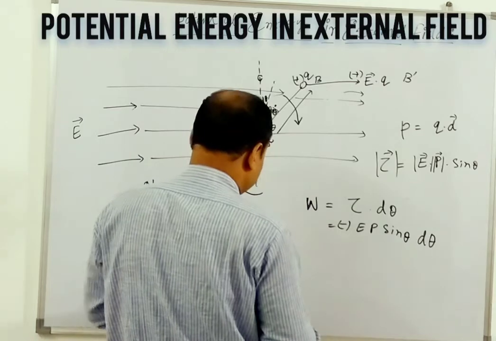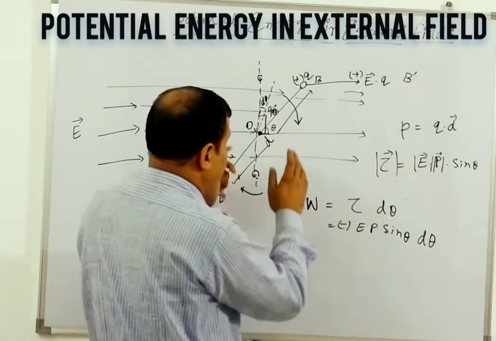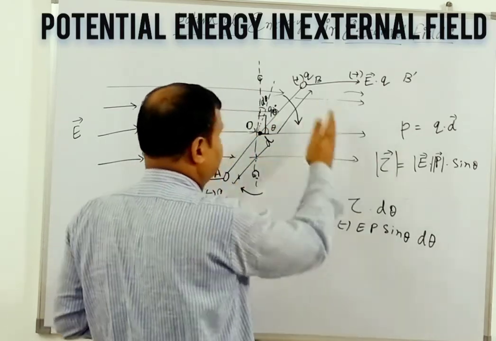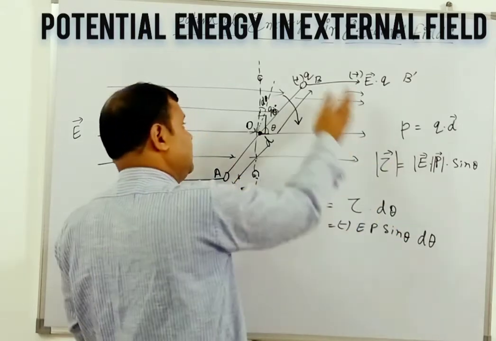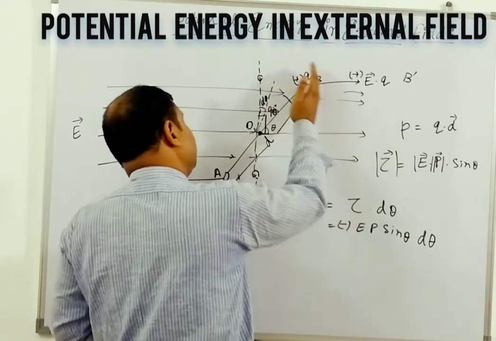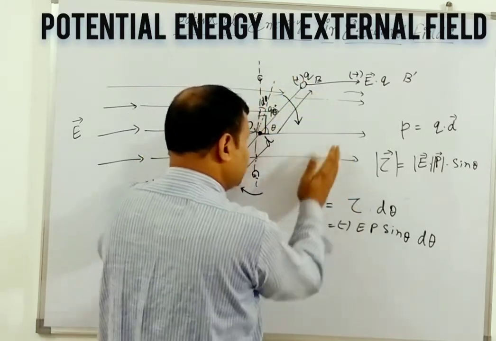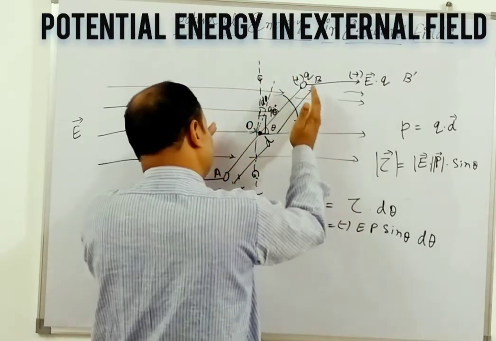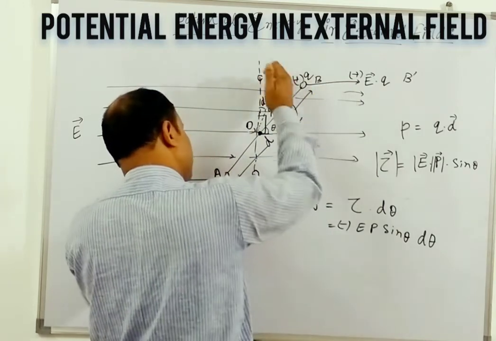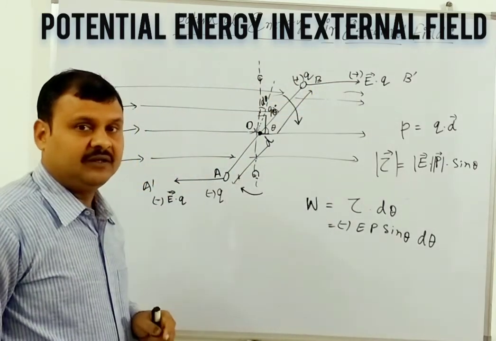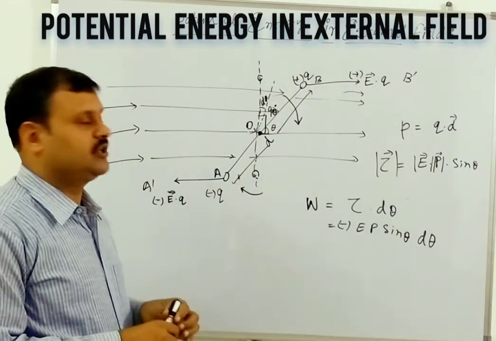Now to balance this torque, we need some external work. Tau is moving the dipole this way, and we want to balance this movement with external energy, which will be stored as potential energy.